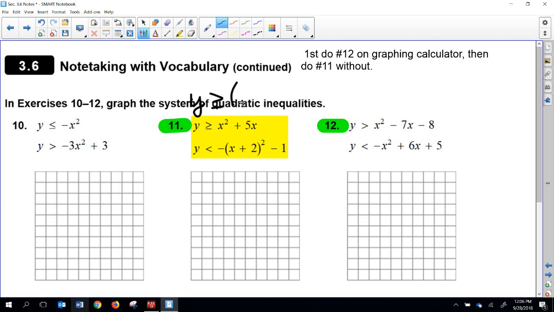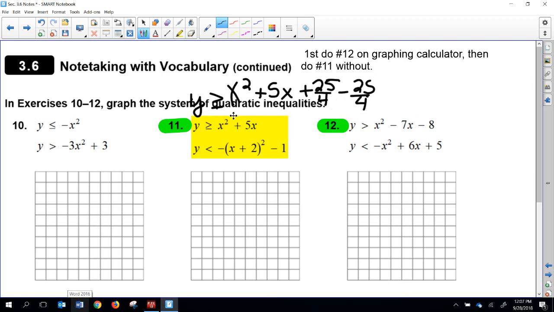I can think of this as x squared plus 5x. I'm going to take half of 5 and square it. Half of 5 squared is 25 over 4. If I'm going to add 25 over 4 to complete the square, what else am I going to have to do? Subtract 25 over 4.